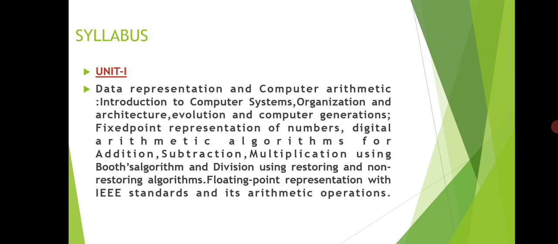After that, in fixed point, what are the different digital arithmetic algorithms to perform addition, subtraction, multiplication and division. What are the different types of algorithms for each operation, that we will see.